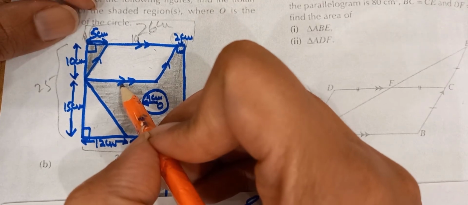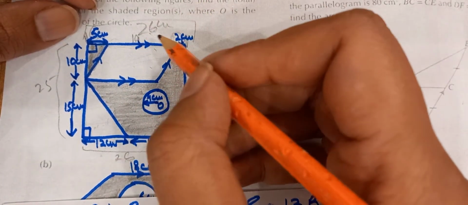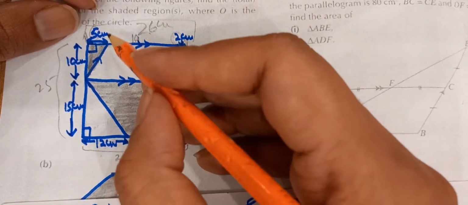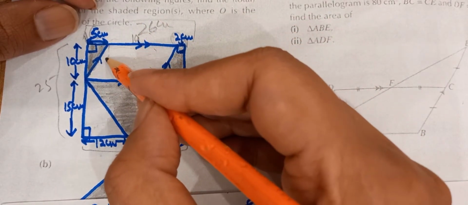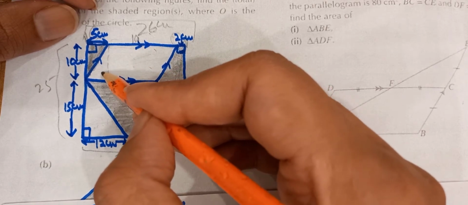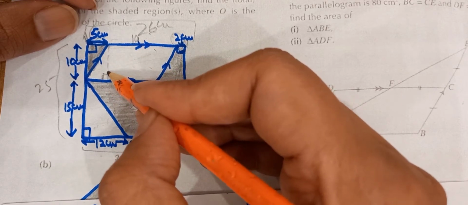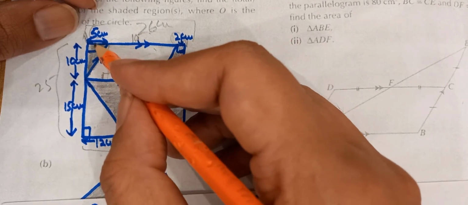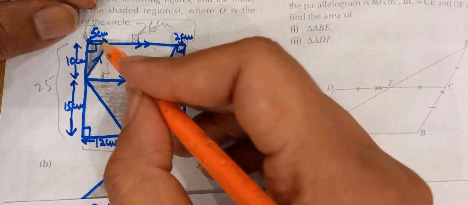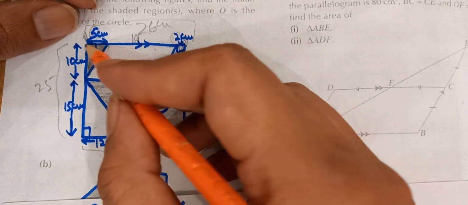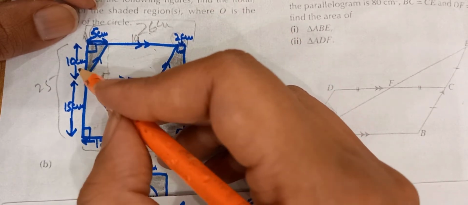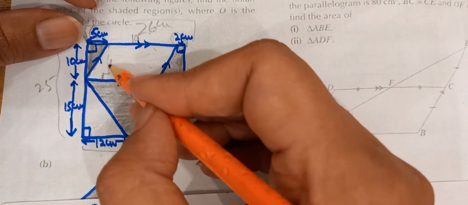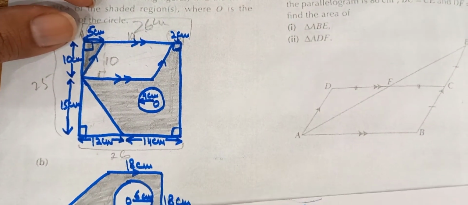Now I have to know the height. Height is the perpendicular distance, from this point of the parallelogram to the opposite side, which is this 10 centimeter. It is a straight line making a perpendicular with this line. So if this is 10, the height of this parallelogram is also 10. So I got my dimensions.